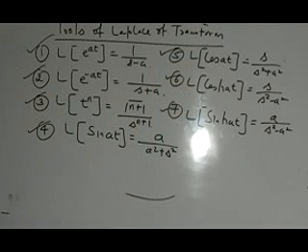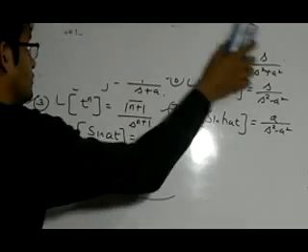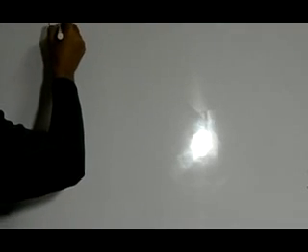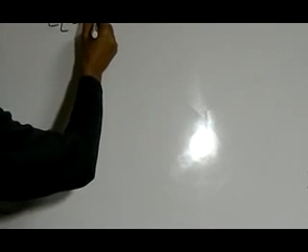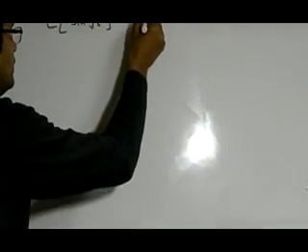So now let us consider a few examples. Suppose the question is, find the Laplace transformation of sine under root of t. We don't know what the Laplace transform is; that we want to find.